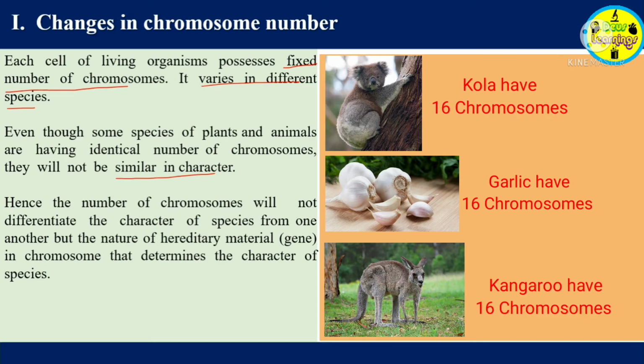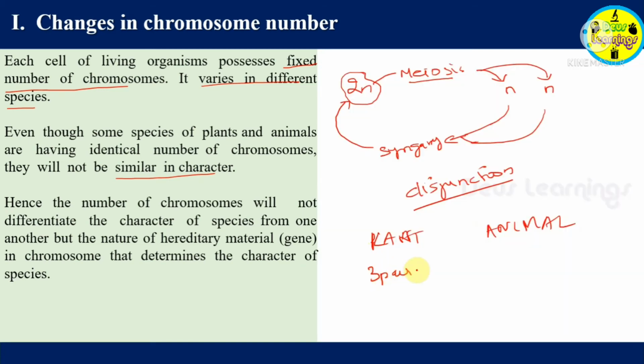If the plant has, say, 3 pairs of chromosomes, and this animal also has 3 pairs of chromosomes, these 3 pairs are not similar, because the content of genes is totally different. You already know that chromosomes are a condensed form of DNA, so the sequence will be totally different, and the outcome will be totally different. They are not similar in character.